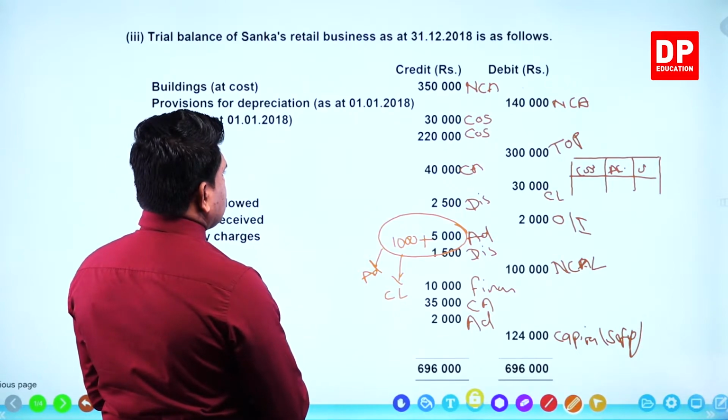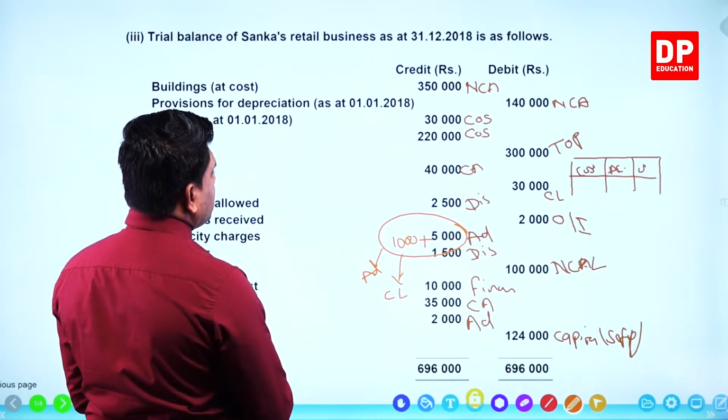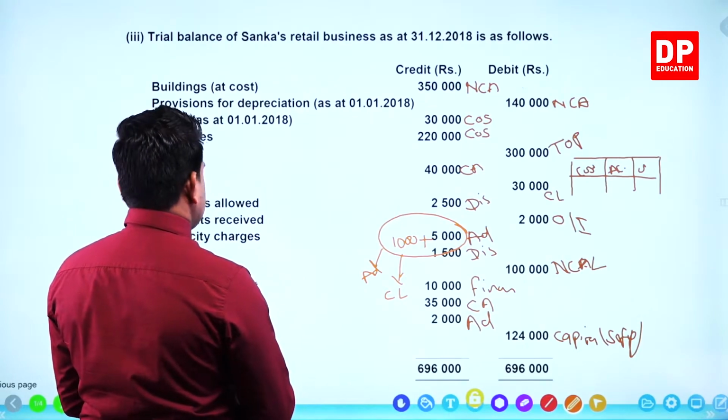Creditors 30,000, discount allowed 2,500. Creditors 30,000.